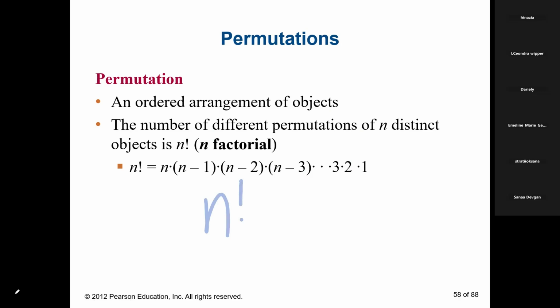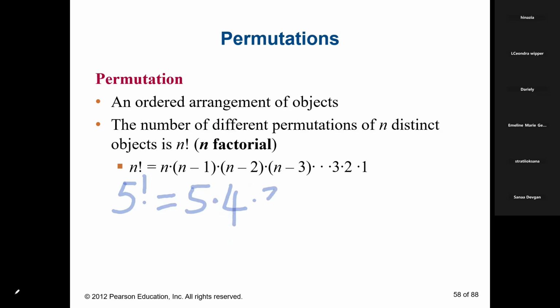All right? So n factorial is equal to n times you decrease n by 1, by 2, by 3, and so on. Okay? For example, if you have 5 factorial, just a number here. 5 factorial is 5, you subtract 5 by 1, that's 4.